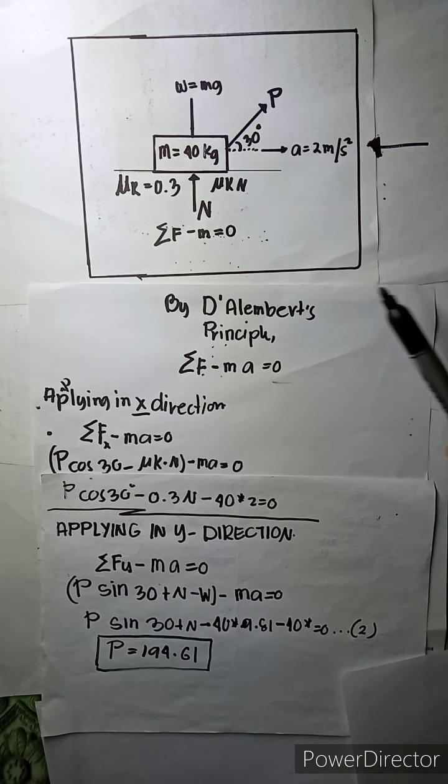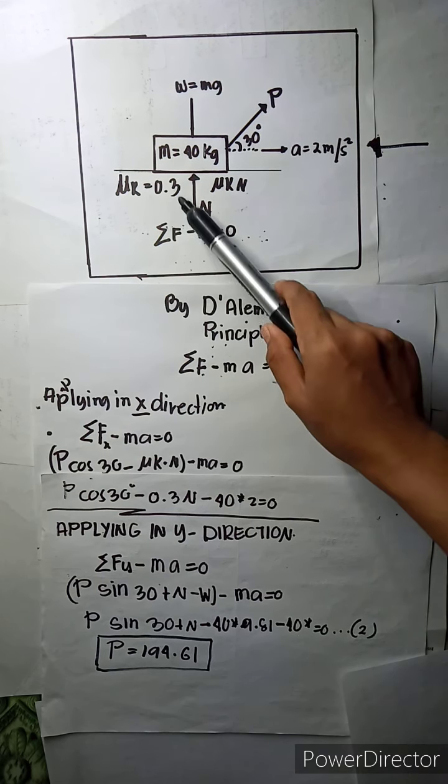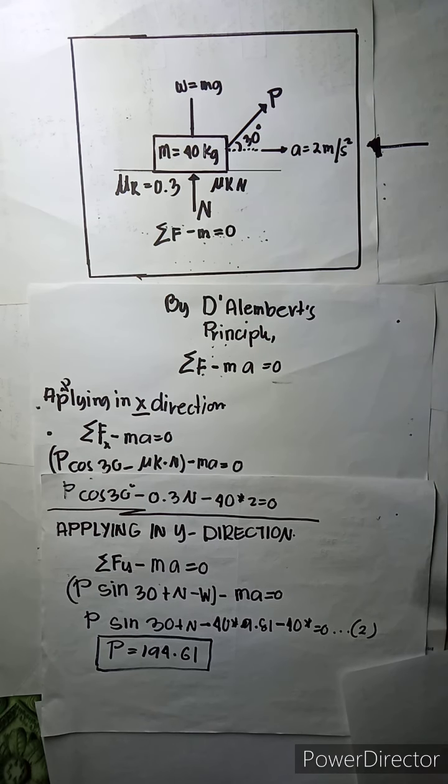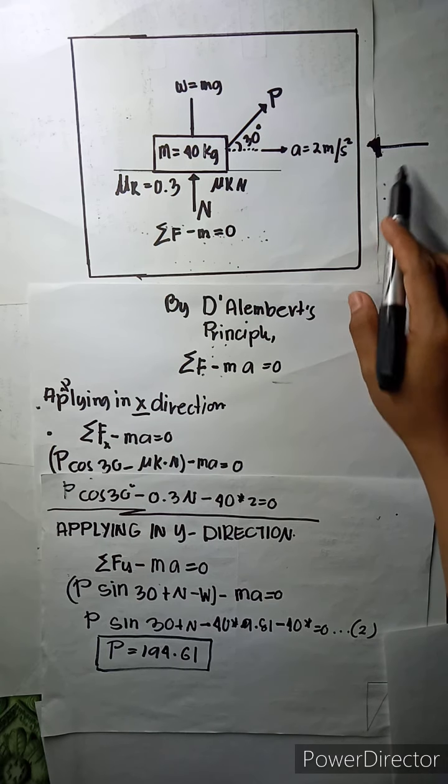Now given the coefficient of friction μk is equal to 0.3, then find the force P. So we will consider the motion of the block in the system. Inertia force ma is applied in the opposite direction.